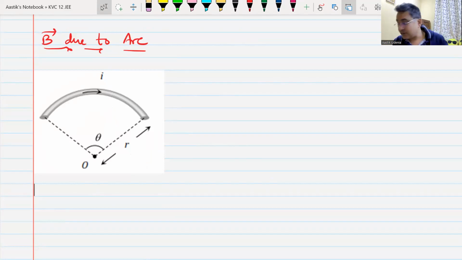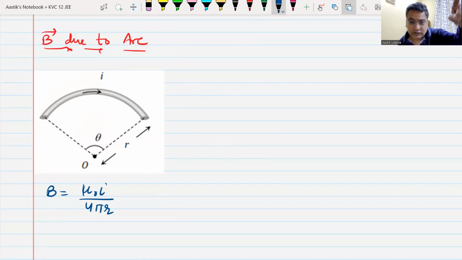Then we have the general formula for the arc of a loop, which is mu naught I theta by 4 pi r. Remember this 4 pi r? It also came in the wire. In the long wire, it was sine theta 1 plus sine theta 2. There were two thetas. Here only one theta.